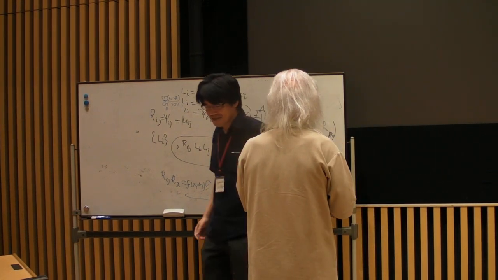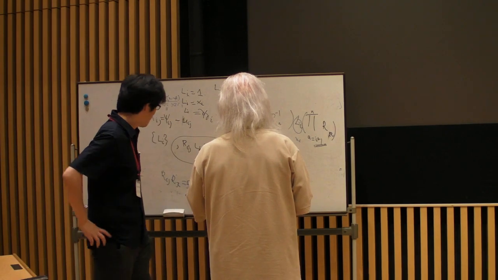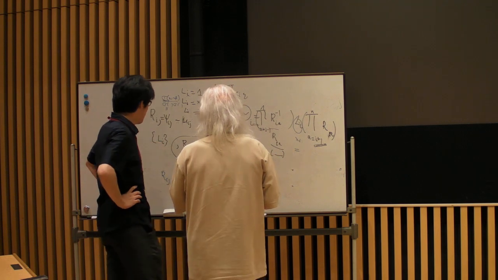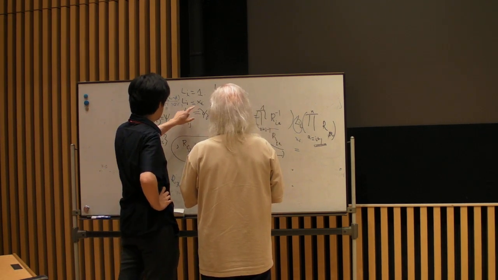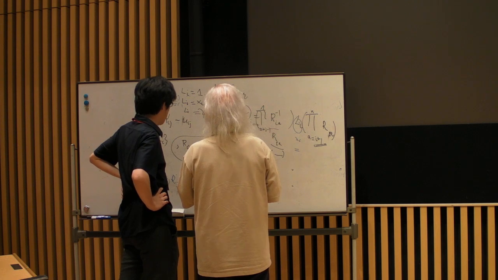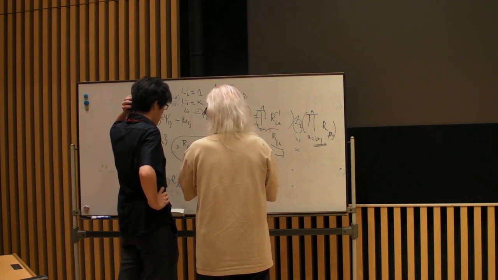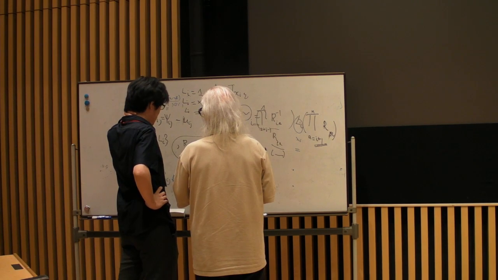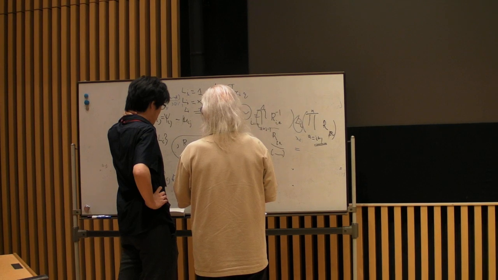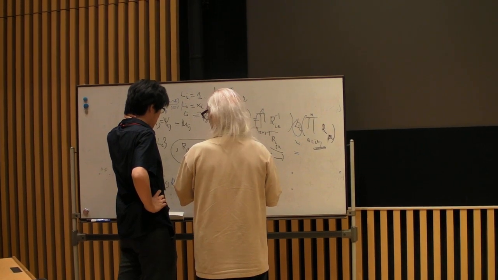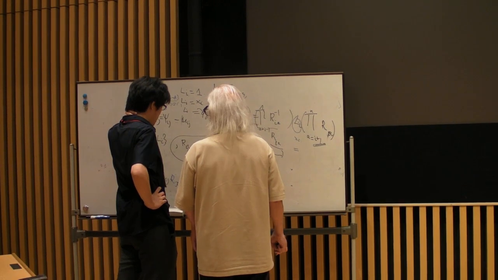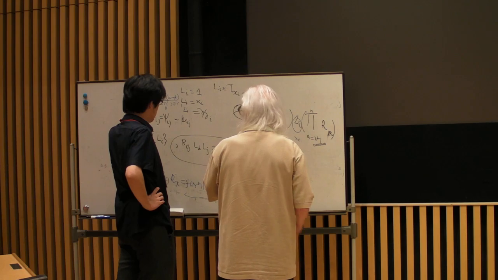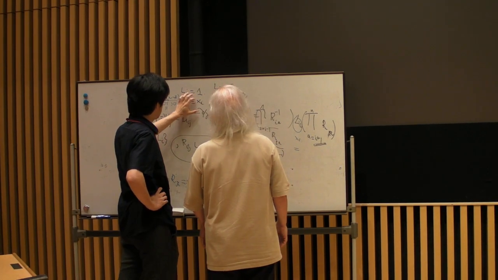Okay. Do you have some comments? No, but formally you use only relations, not one of the main properties of elliptic functions, that they are doubly periodic. So it may be possible that the linear computation works.